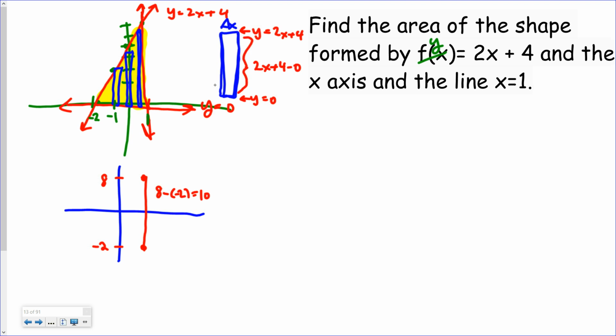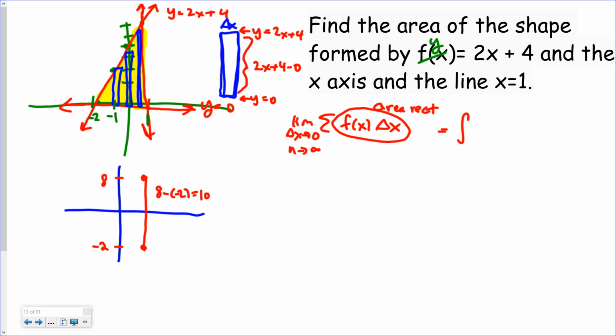Okay, so if I wanted the area of one of these rectangles, if I remember a long time ago, what I did was I would sum up the areas of all the rectangles, and this right here represented the area of a rectangle. Now, if I summed them up and I took the limit as delta x went to 0, or as n goes to infinity, what I would get is the limit definition of a definite integral.